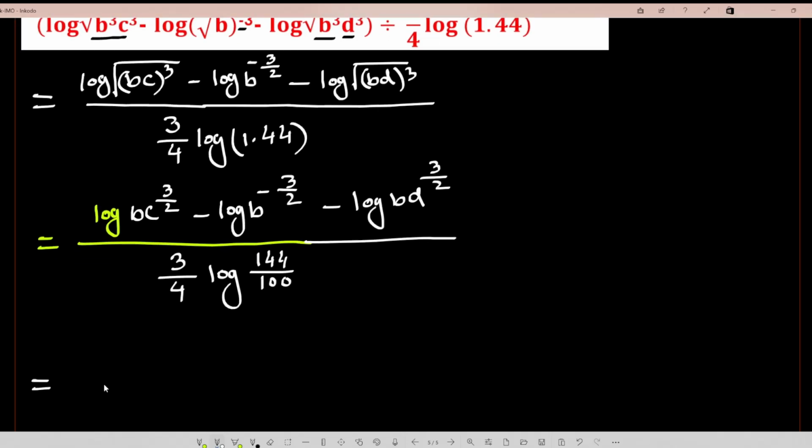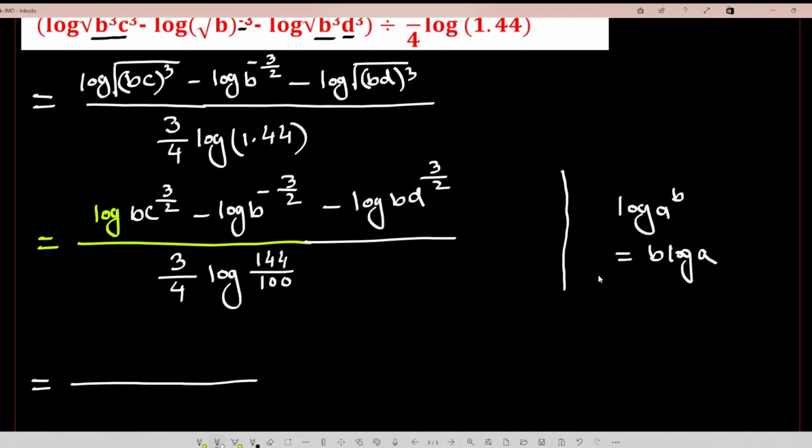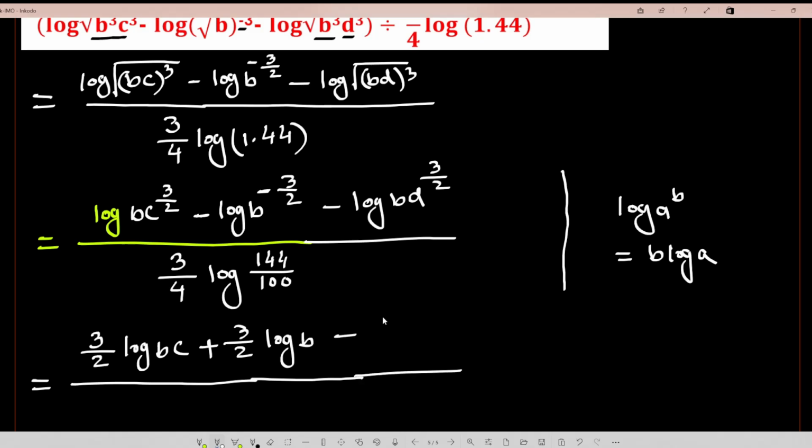Now we know about log a to the power b, we can write b log a. Similarly, here we can write 3 by 2 log b c. Then here is minus and here is also minus, so we can write plus 3 by 2 log b, minus 3 by 2 log b d.